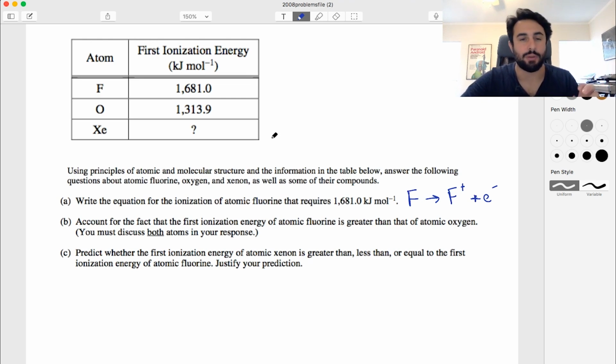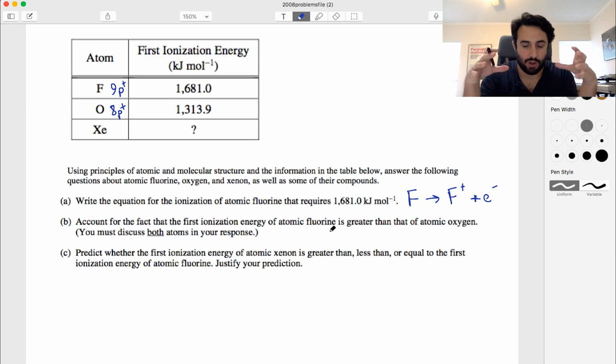Maybe the most important thing is that the nuclear charge increases. So fluorine has 9 protons, and oxygen has 8 protons. And that additional proton for fluorine causes the atomic radius to contract. It's a little bit smaller than oxygen.